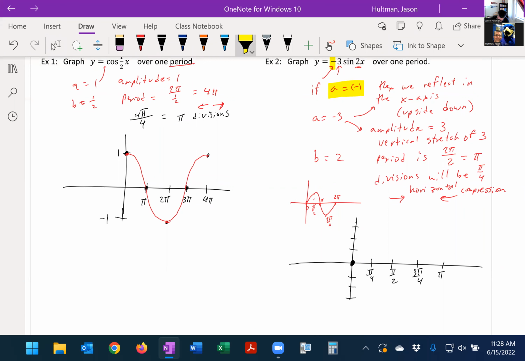And so we're going to go down 3 at pi over 4. Now we're going to go back to 0, because 0 times -3 is still 0. And then we're going to go up to 3 at 3 pi over 4. Again, this is 3 and -3. And then we're going to go back down to 0. So we get a nice curve.